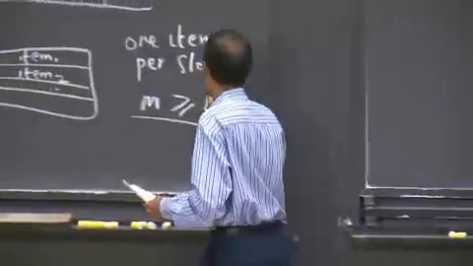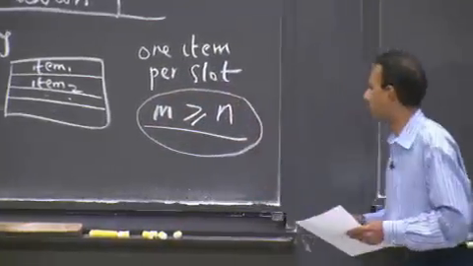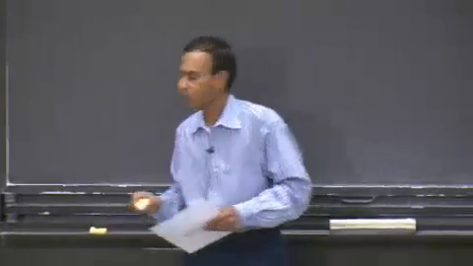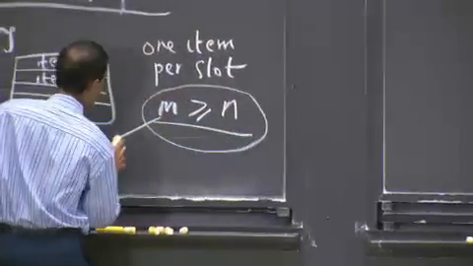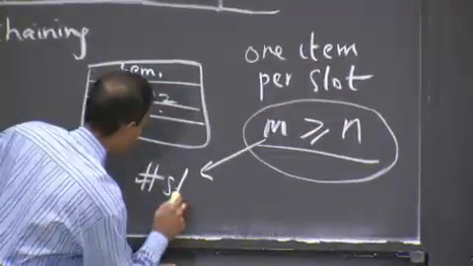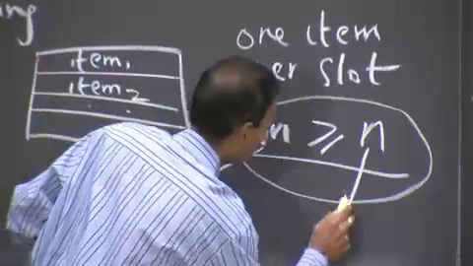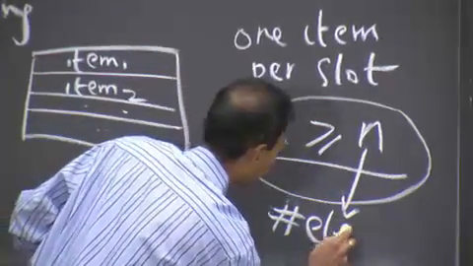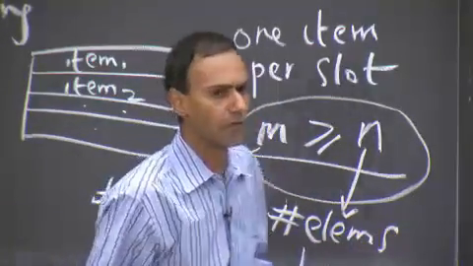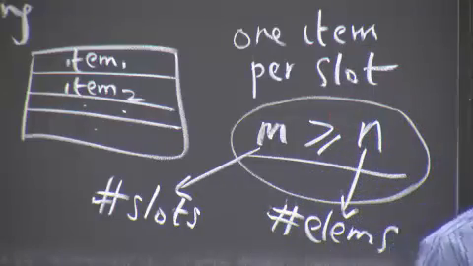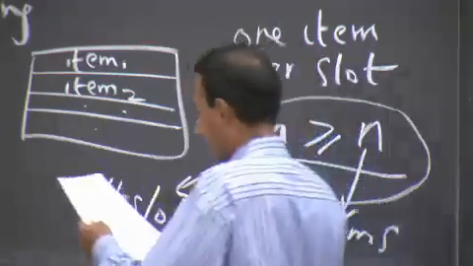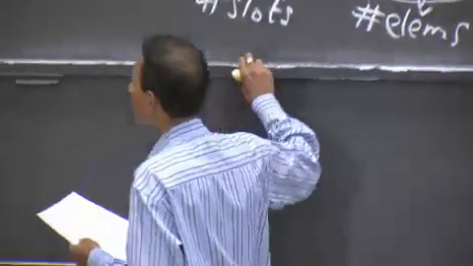So it's pretty much guaranteed that if you want a working open addressing hash table, that m, which is the number of slots in the table, should be greater than or equal to the number of elements. All right? That's important. Now, how does this work? Well, we're going to have this notion of probing.